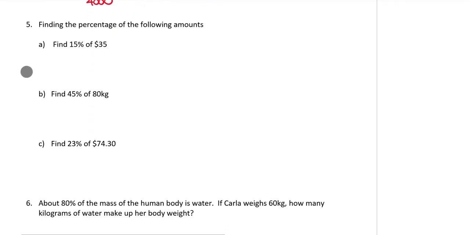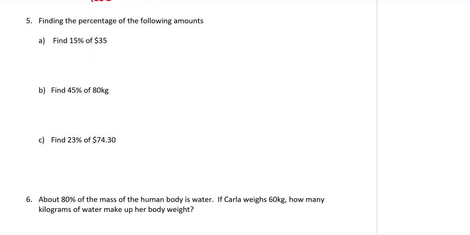Okay, the last type of question, we need to be able to find a percentage of something. So if you go to the shop and you find out that there's a 15% sale or a 20% sale, how much does that actually make? What is 15% of $35? To find this amount, a percentage is always out of 100. So you always put the percentage over 100.